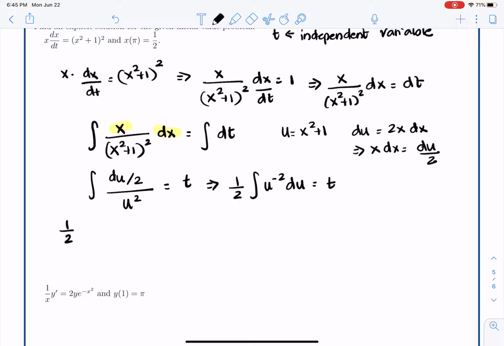If I integrate u raised negative 2, I will get u raised negative 1 over negative 1. That would equal t. So u raised negative 1 over negative 2 equals t. u raised negative 1 equals negative 2t.